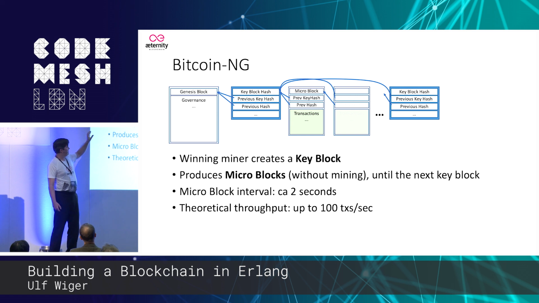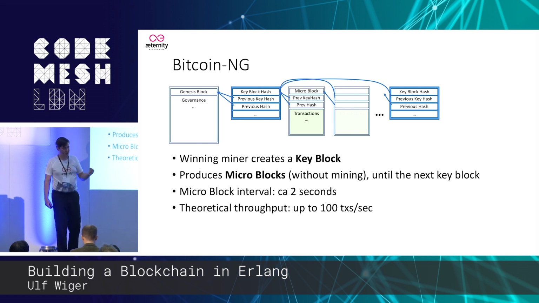One challenge is to be able to fill the microblocks completely. You have to get all those transactions and peel them off the transaction pool, the mempool, and fill the blocks optimally in order to get to the maximum transaction throughput.